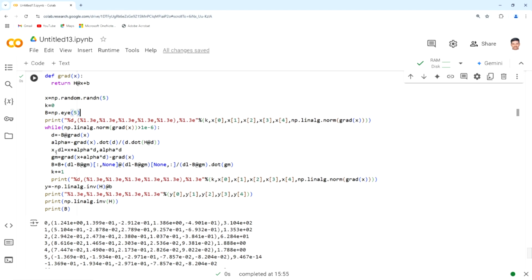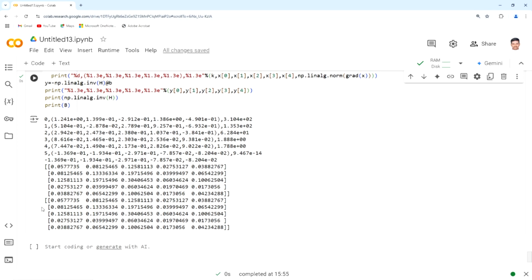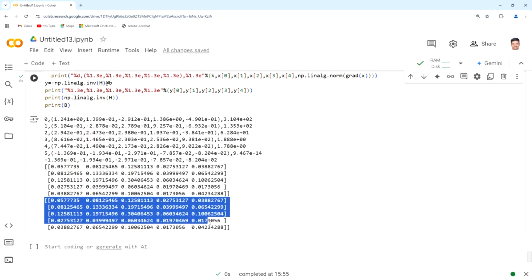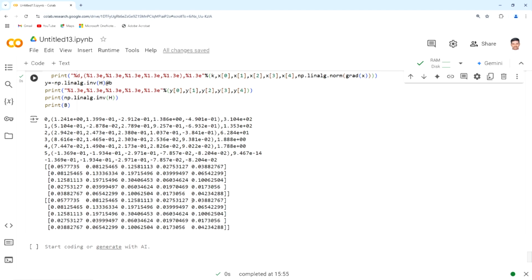We update this in 5 steps and we have got to this matrix. You can see that both of these matrices are exactly the same. What does that mean? When you start with a quadratic function and start updating the B matrix, in exactly n steps you reach H inverse, for any arbitrary H and any arbitrary B that you start with. That is another property of rank 1 correction that I wanted to tell you.